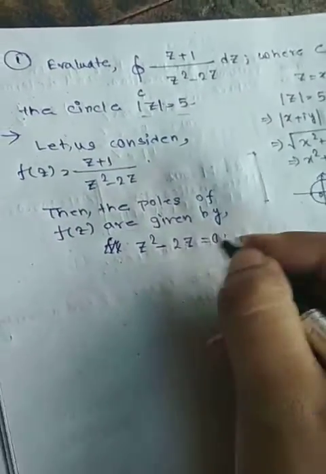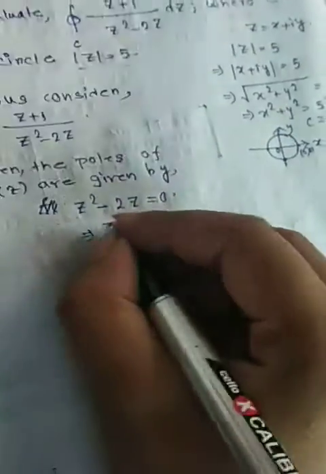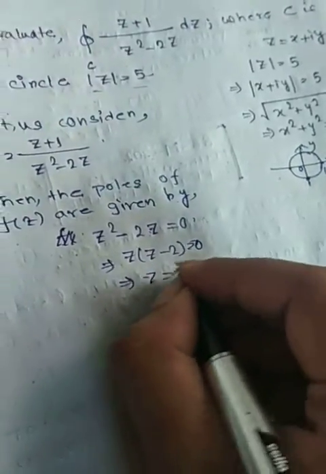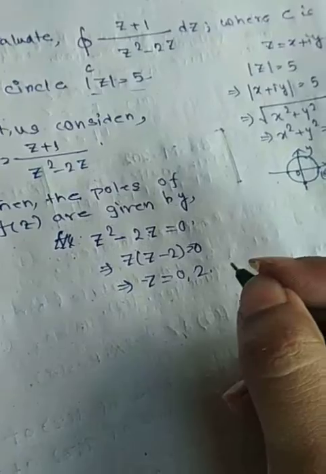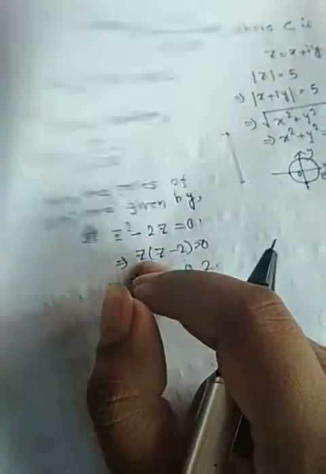We have to find the singularity, so we consider the denominator equals 0. So z(z minus 2) equals 0. Now z equals 0 and another one is z equals 2, and both are simple poles.